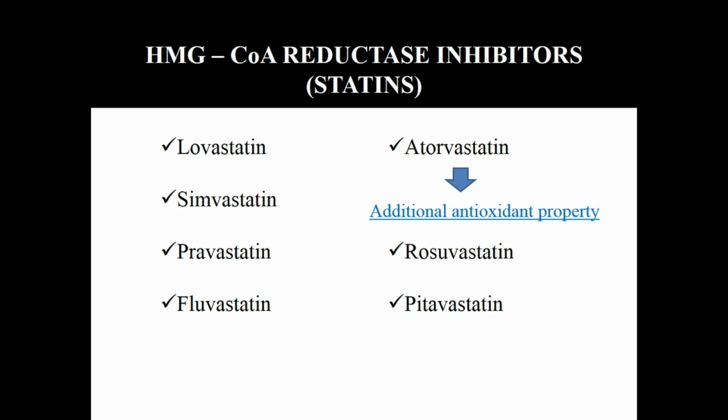Because of this antioxidant property, they can reduce atherosclerotic plaques with better efficacy. As a result, they reduce the amount of atherosclerotic plaque, and thus the chances of cardiovascular complications become very low.